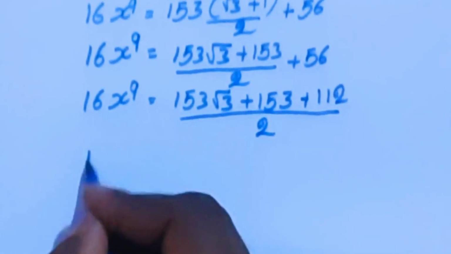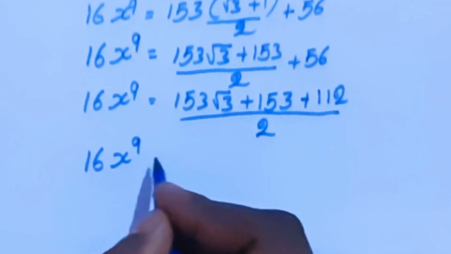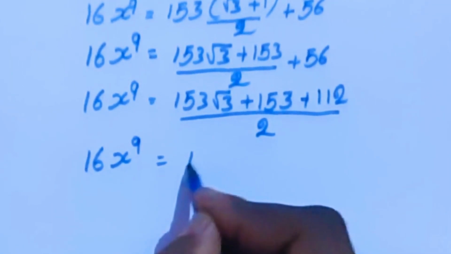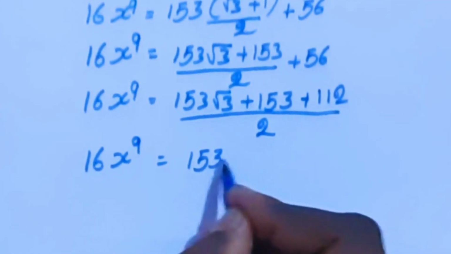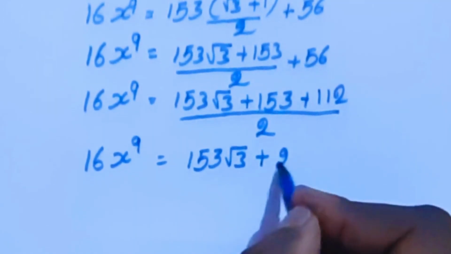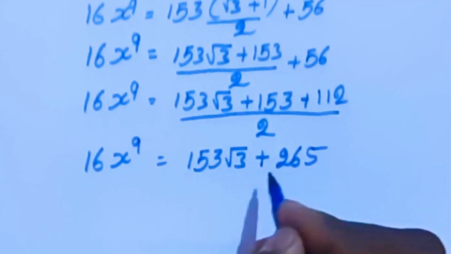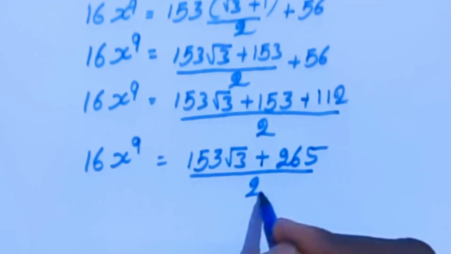Now 16x to the power of 9 equal to 153 square root of 3 plus, this is 265 by 2.